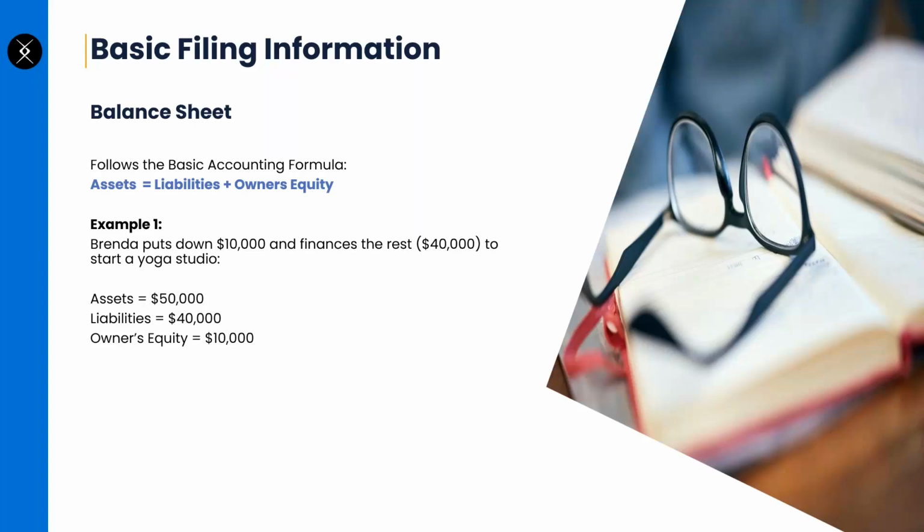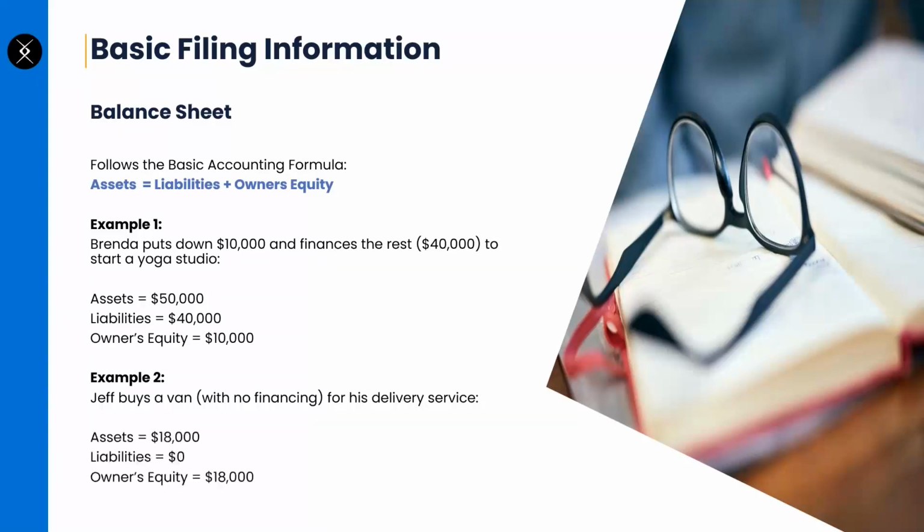The liabilities are 40,000 because that's what was financed, and the owner's equity is 10,000, which is the difference. A second example: Jeff buys a van with no financing for his delivery service. He bought it for 18,000. There was no financing, so the owner's equity is the full 18,000.